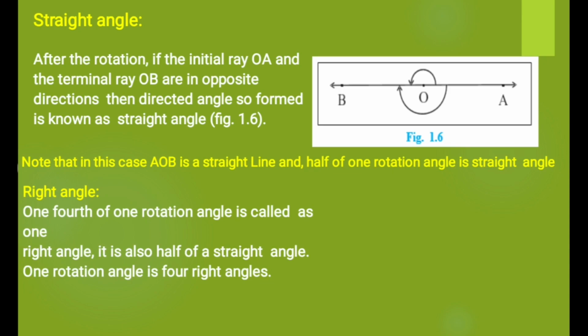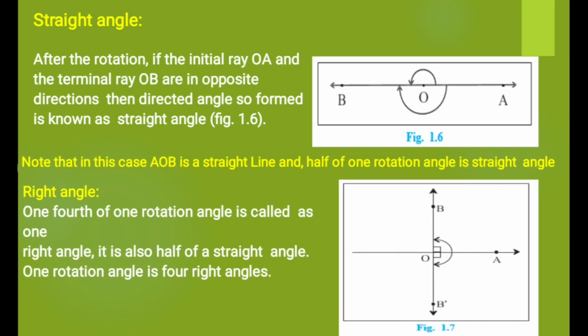So you can write this one rotation as 4 right angles. Now see this here, this B dash we get 180. Similarly, if we take here A dash we get 180. So total is 360.